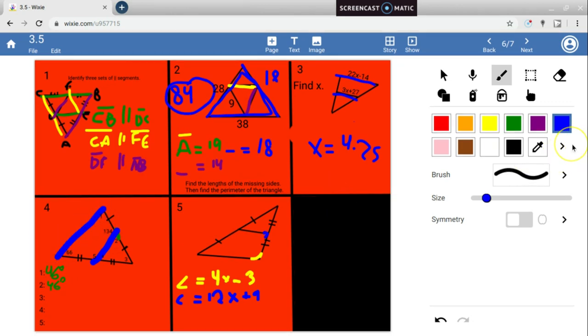So 1 and 66 are going to be the ones that are consecutive interior. Sorry about that. Not 2 and 4. So 180 minus 66, let me put that into the calculator. That is 114.